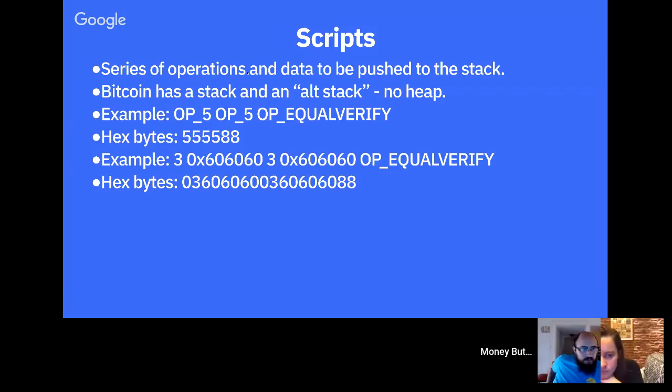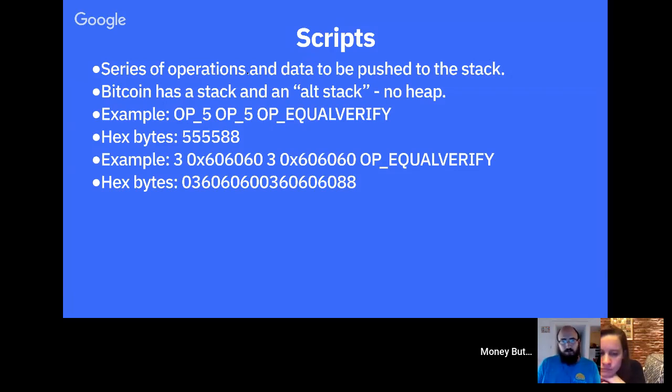So that's what the script looks like written in hex. It's OP_5 OP_5 OP_EQUALVERIFY. Look at the opcodes from the previous page, and that's what it looks like. And then there's an example of pushing 2 things to the stack, written in a custom format that's inside the BSV library.